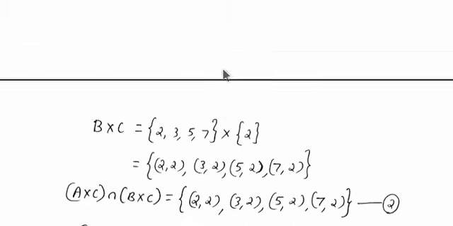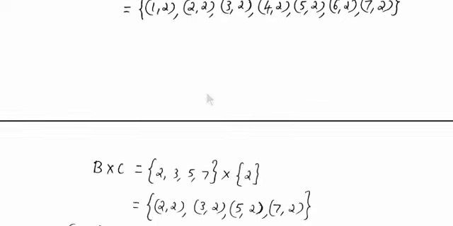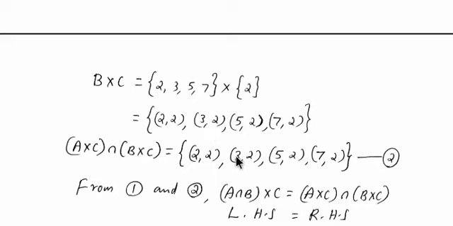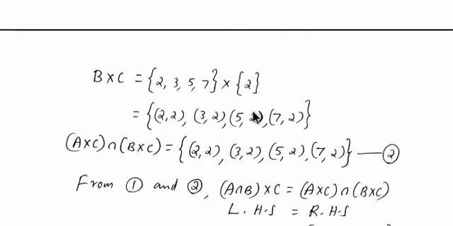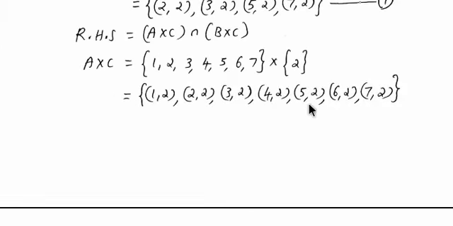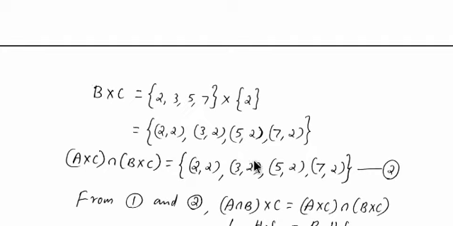Then next (3, 2). (3, 2) is common, that can be taken. Then next (4, 2). (4, 2) is not common, it cannot be taken. Next (5, 2). (5, 2) is common, it can be taken.